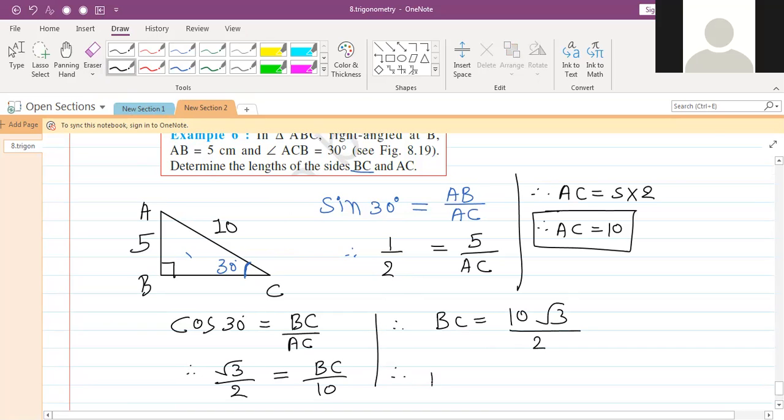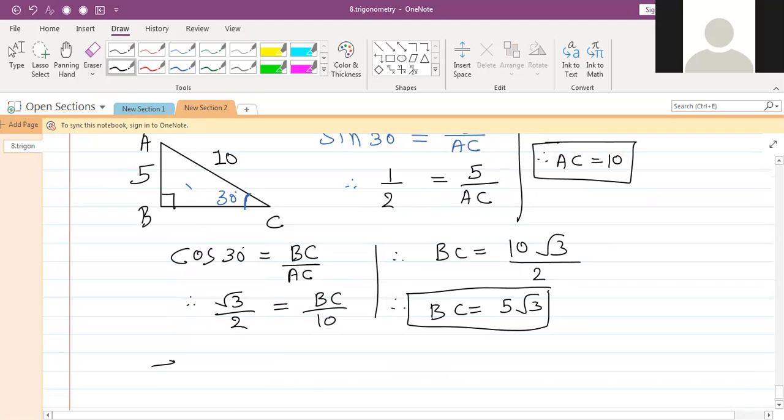We can also find this BC using another formula, but we get the same value. Suppose I use tan 30. That is equal to AB upon BC, since angle C is given as 30.